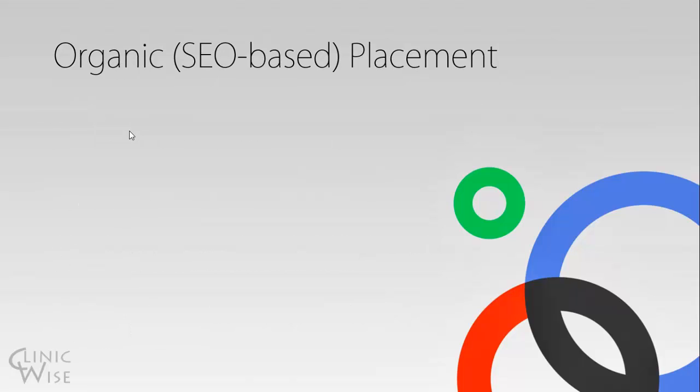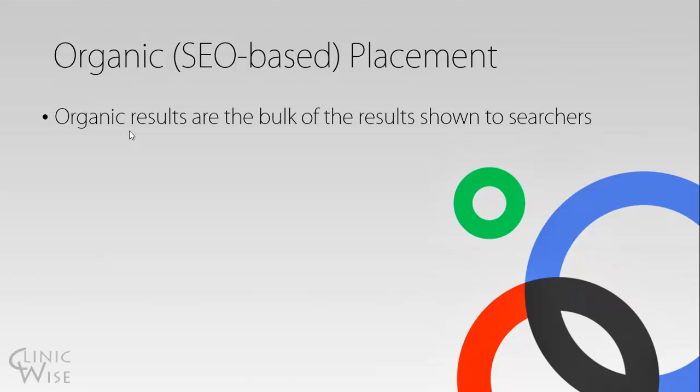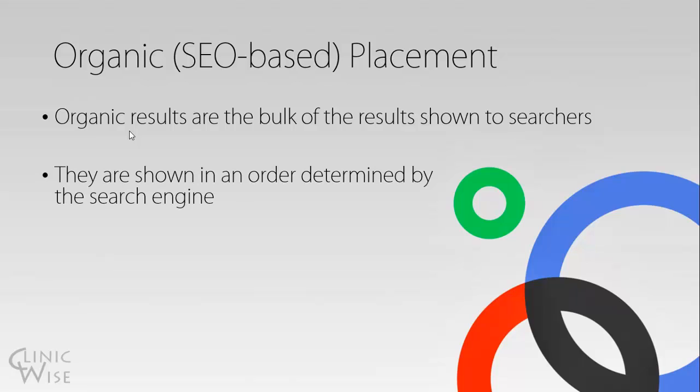Finally, we have organic results. When people talk about improving their search engine ranking, or SEO in general, they're referring to showing up high in organic results. The bulk of results that show up when a user searches for a topic are organic results. The competition in this area can be pretty steep. Organic results rankings can't be bought.